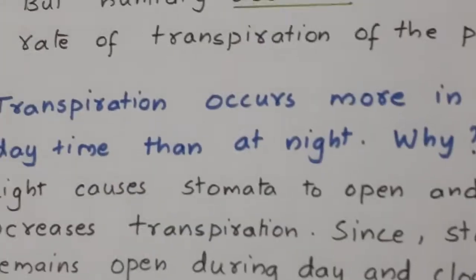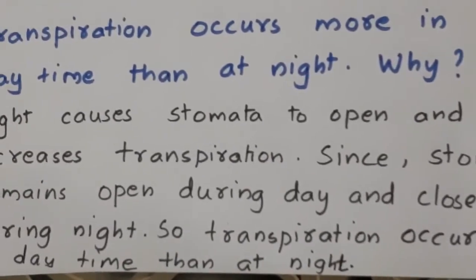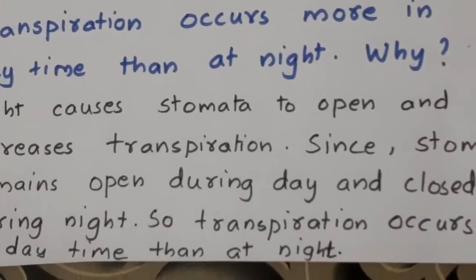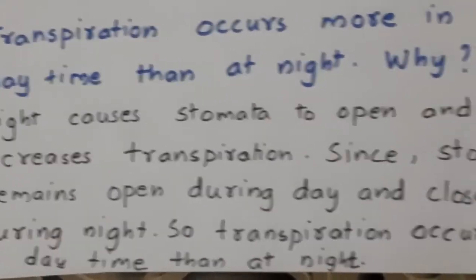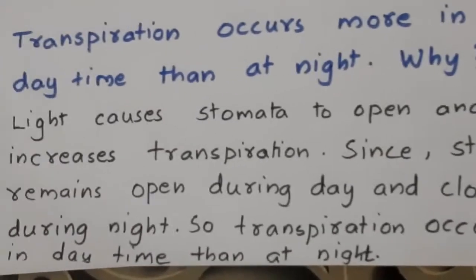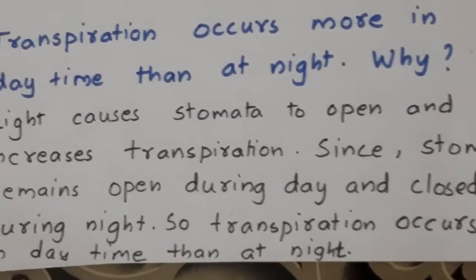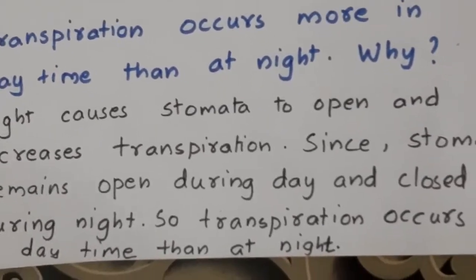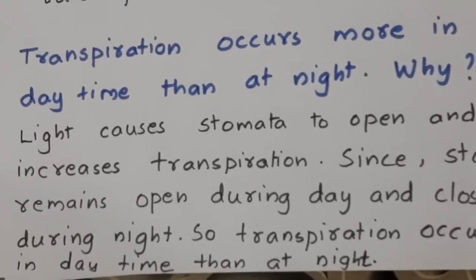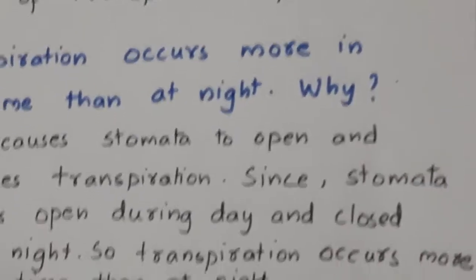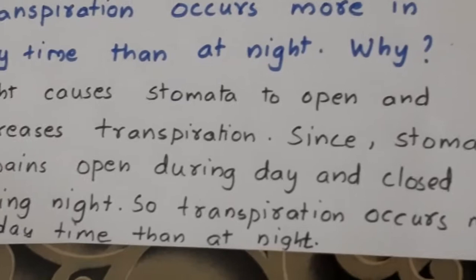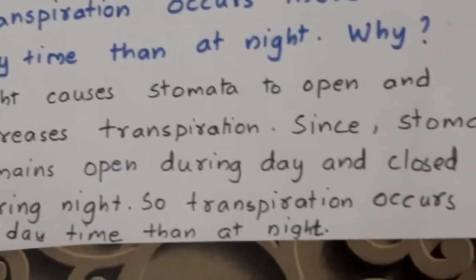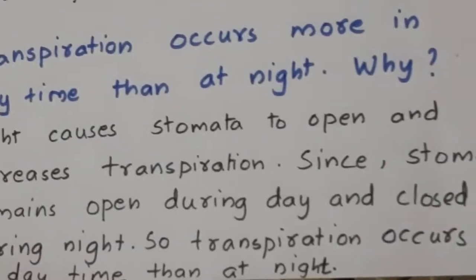This is the reason for the transpiration occurs more in the daytime than the nighttime, because in daytime, because of the sunlight, the stomata will open wide, open into large. So through that hole, there is a small opening in the leaves, stomata. Through that hole, the water vapor will lose. So the rate of transpiration is more.